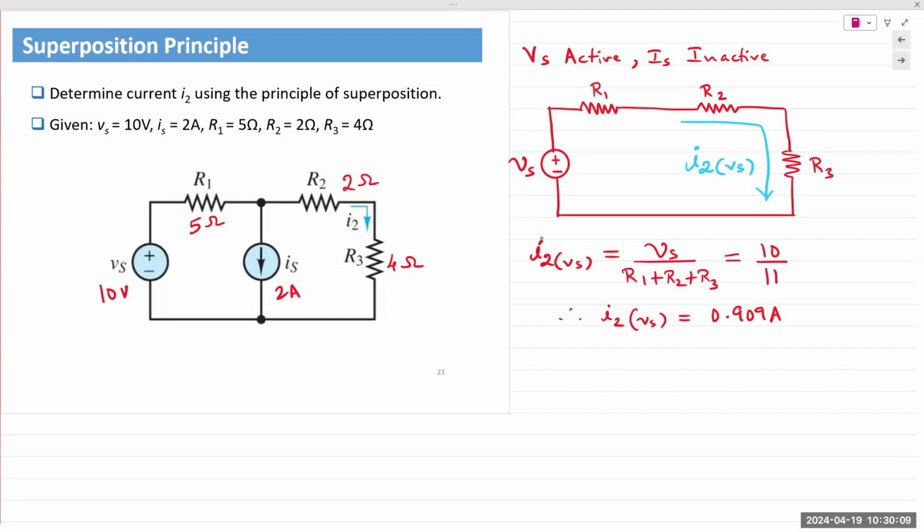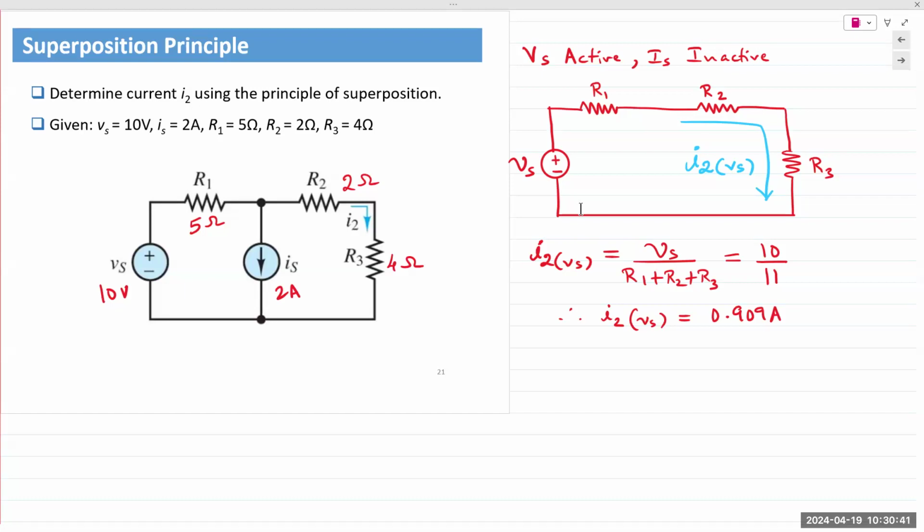Yes or no? 5 plus 2 is 7, 7 plus 4 is 11, 10 divided by 11 gives 0.909. All good?